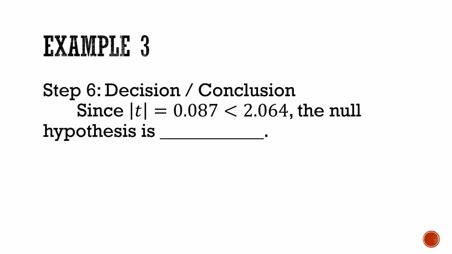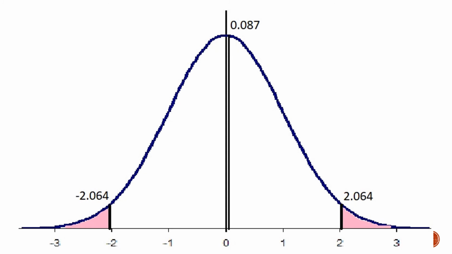Are we going to reject the null hypothesis, or are we not going to reject the null hypothesis? Okay, negative 0.087 is here, in this portion, it is close to 0, and it is very far from our rejection region. It falls under the non-rejection region.